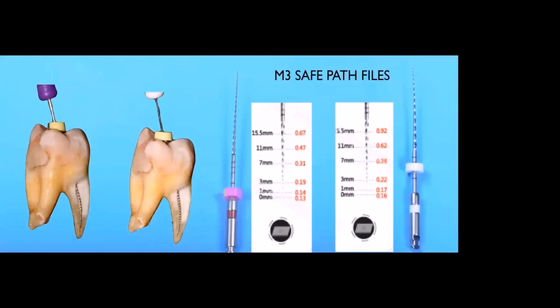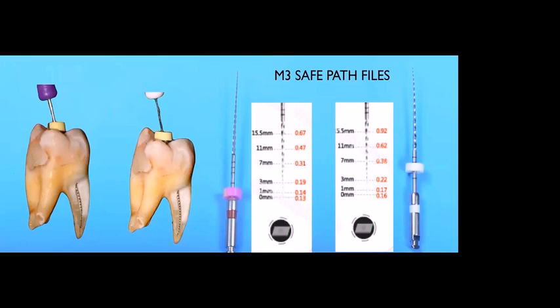So one of the procedures that we can do to decrease the torsional stress, so to decrease the number of fractures due to torsional stress, is performing a glide path. And what is glide path?